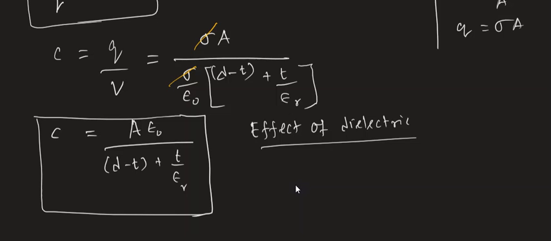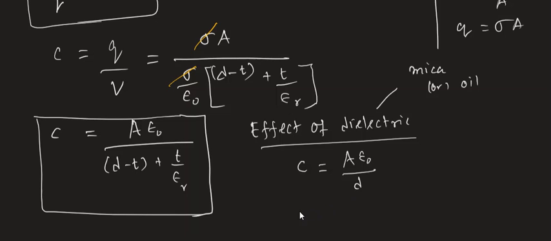We can consider mica or oil. So dielectric means you can consider either mica or oil, some insulating material. So the capacitance of the air filled capacitor, when it has only air, no dielectric, in that case C is given by A epsilon naught divided by D.